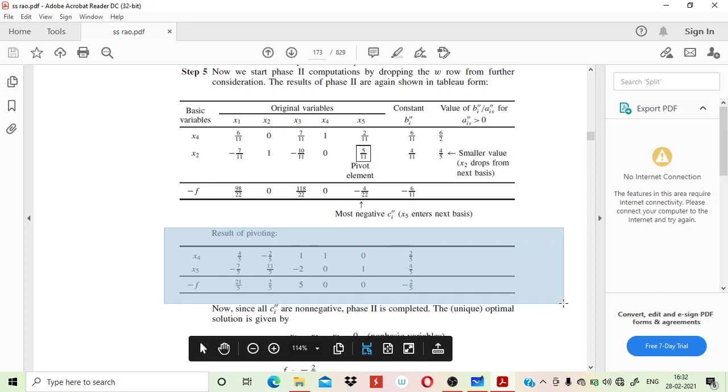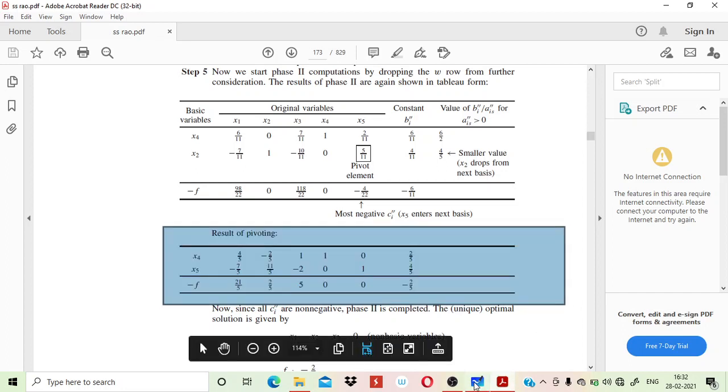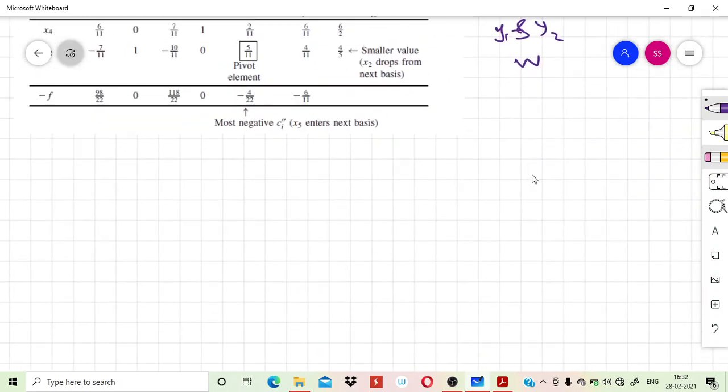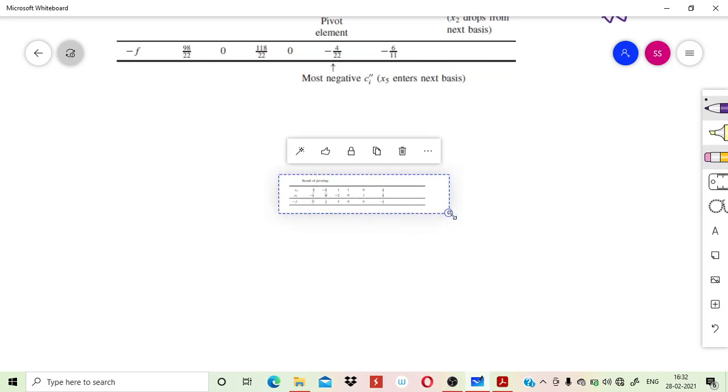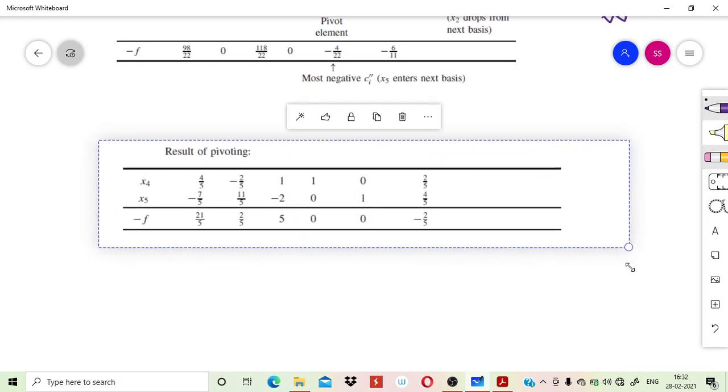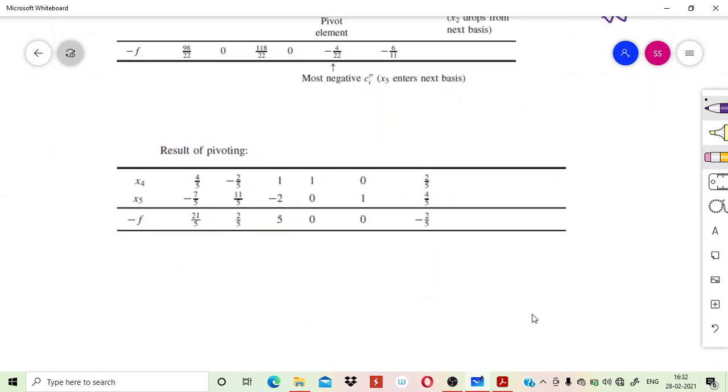You will get x5 and x4 updated, then minus f is 21 by 5, 2 by 5, 0, 0, minus 2 by 5.